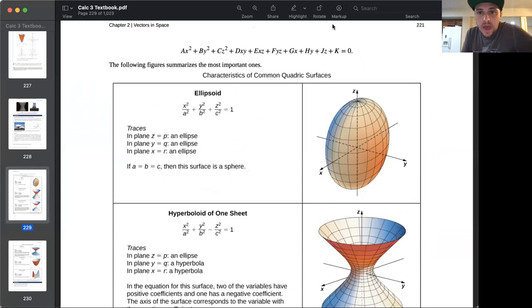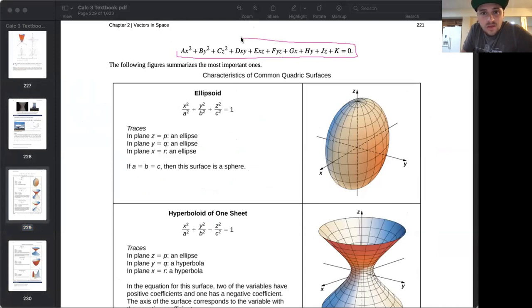Here you can see we have our quadric surfaces generalized by this formula, which we've gone over. And now let's look at some of the basics, so we can get some definitions and vocabulary down for certain types of shapes.